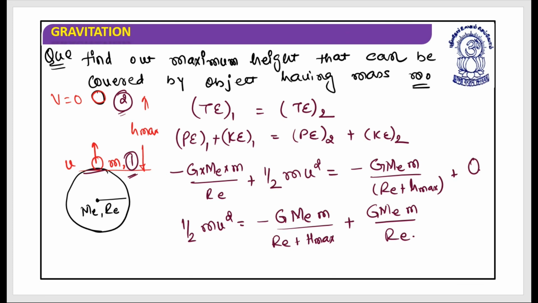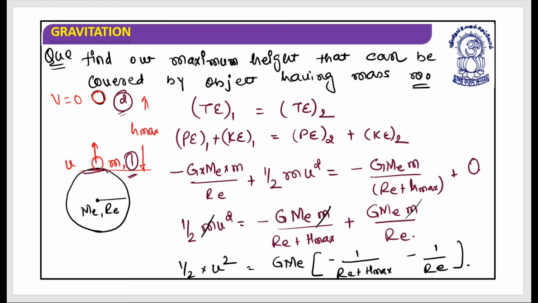If you want to simplify this a little, you can cancel m. GME is common, so this is equal to minus 1 by (RE plus h max) plus 1 by RE, which equals half u square.